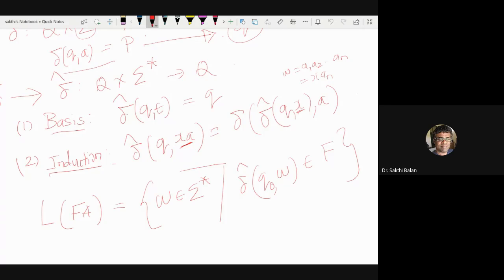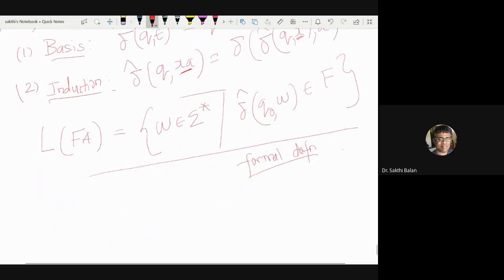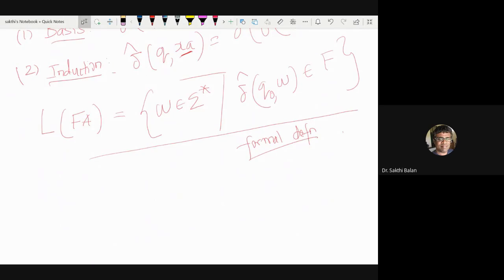That's a formal definition of a language accepted by the finite state automata. Sometimes I call it finite state automata, sometimes finite automata. Both are the same, don't get confused by that. Now, any language accepted by a finite automata is called a regular language.